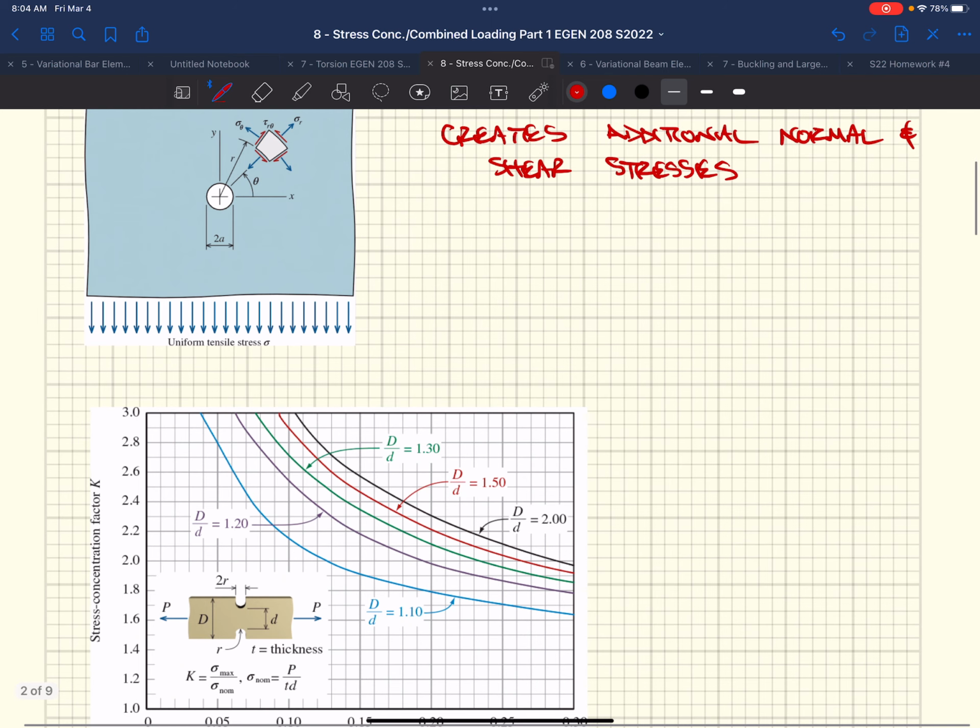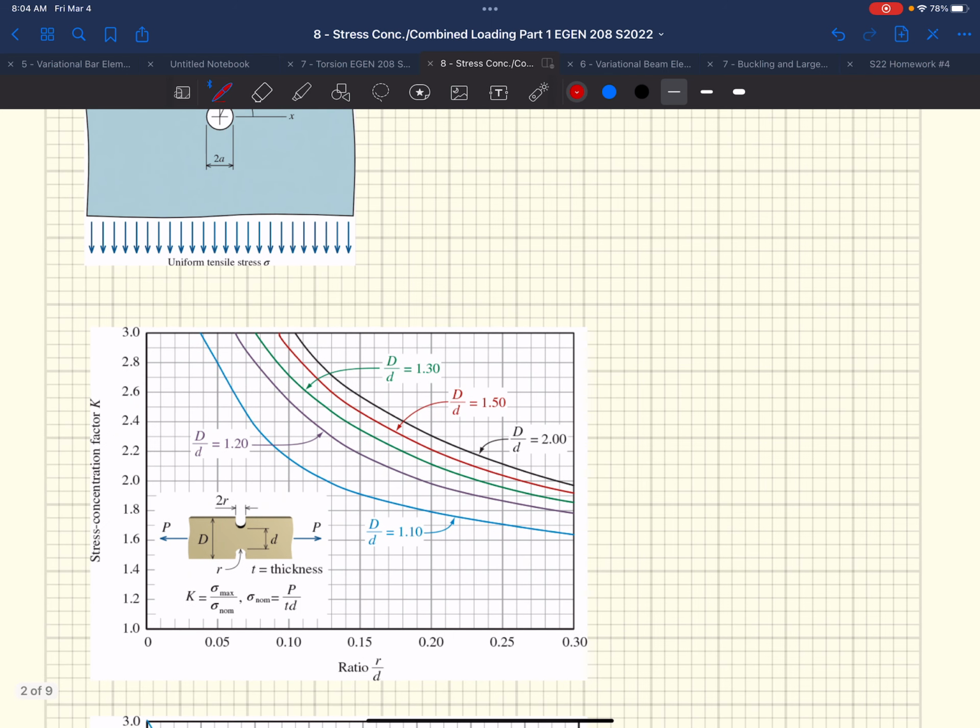And so lucky for us, we're not the first engineers, but we're the same as them, and we're lazy, and so in this class we're going to be using a lot of these graphs that help us see how these discontinuities, in this case notches, affect the stresses in our bar, right? So in this case, we're starting out with axial stress. The texts have developed solutions for many different cases.